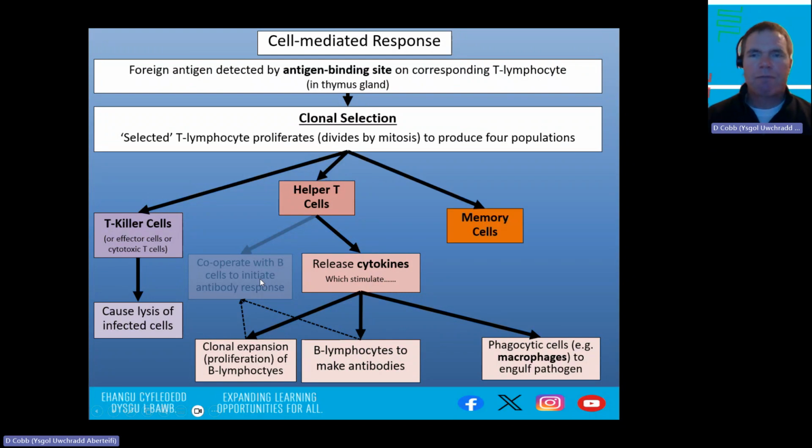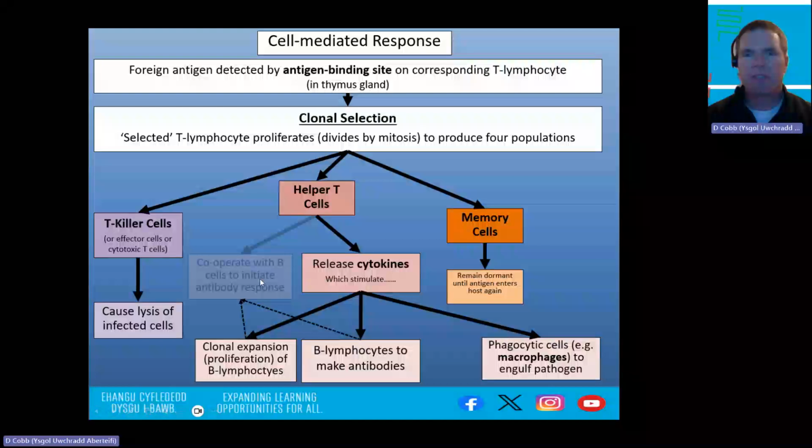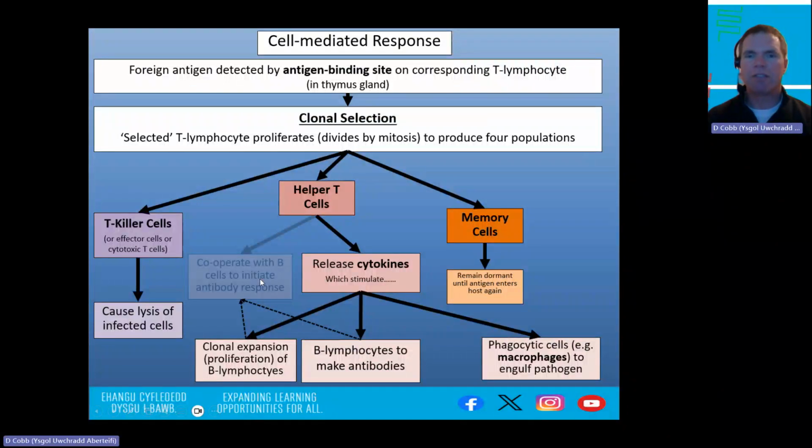We also have a third population of T lymphocytes, which are memory cells. Well, these work in the same way as the B lymphocyte memory cells. They just remain dormant, remain in circulation for when that antigen enters the host in the future. And the same thing applies. They then proliferate into four populations, like we're seeing here.